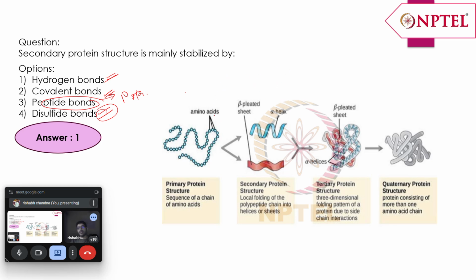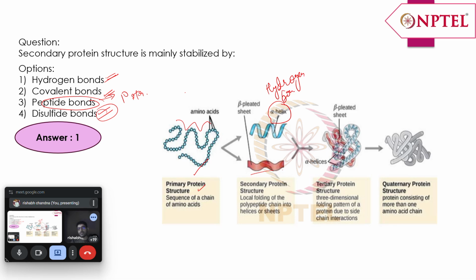The sequence of amino acids stabilized by the peptide bond forms the primary protein structure. So this gives the sequence of the amino acids. Based on the sequence, these fold upon themselves to form a helix called the alpha helix and a sheet called the beta pleated sheet. These two are formed by stabilization of the hydrogen bonds.